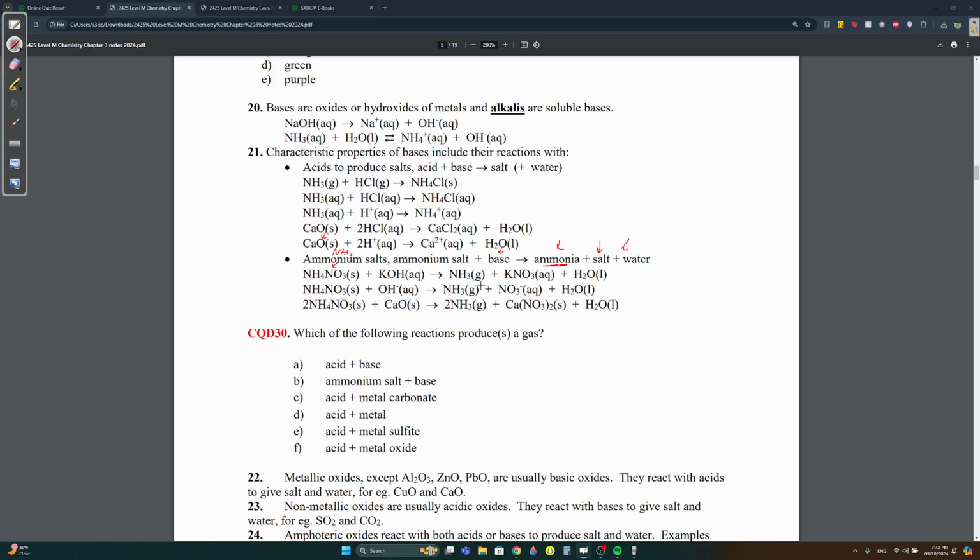Ammonium is NH4. Plus the salt, KNO3. How do we know? You box up the middle, right? Plus H2O, which is a liquid. Because NH4 gives NH3 plus H, and with OH, you get H2O.